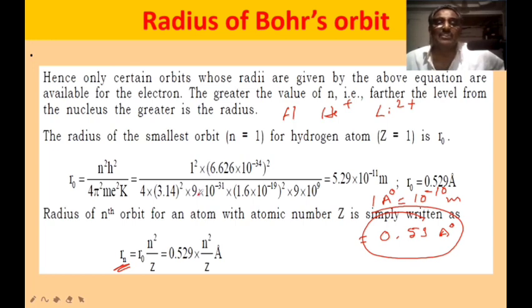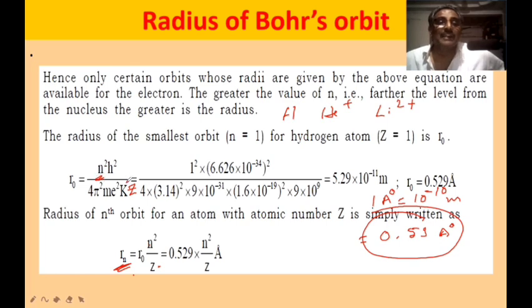If those values are considered for various orbits, for various species containing a single electron, we can generalize this as Rn is equal to R0 into n square by Z. Why? Here we considered n is equal to 1 and Z is equal to 1 for the hydrogen atom.